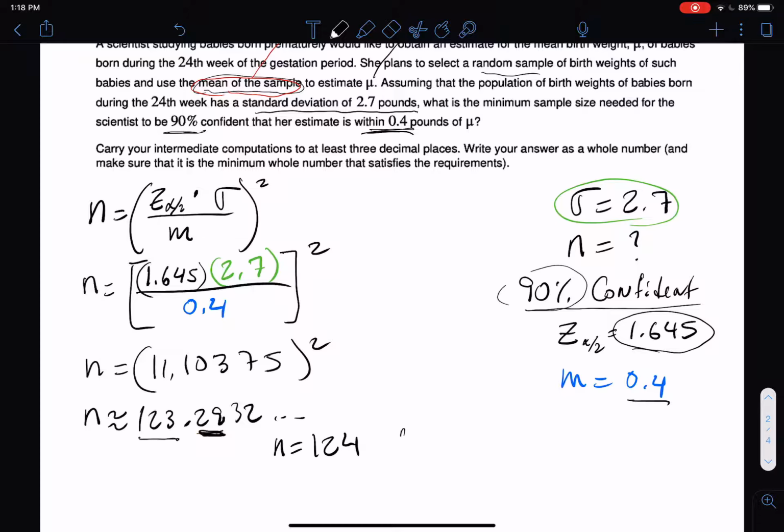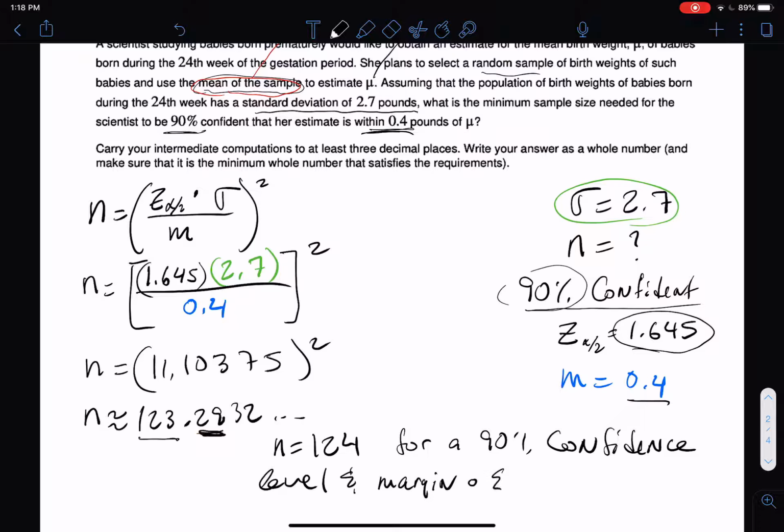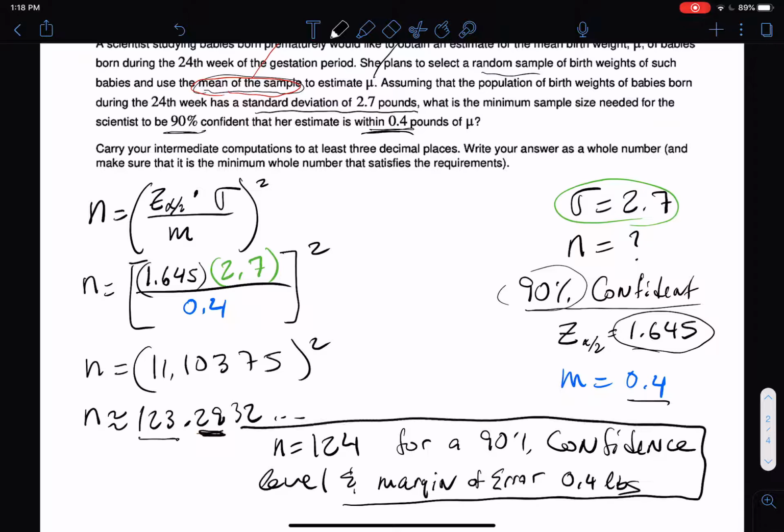And I'm going to say that's for a 90% confidence level and a margin of error at 0.4 pounds. So what sample size do you need? You need a sample size of 124.